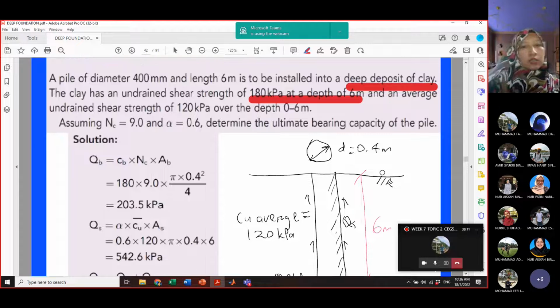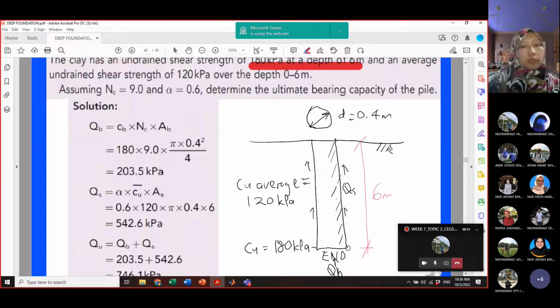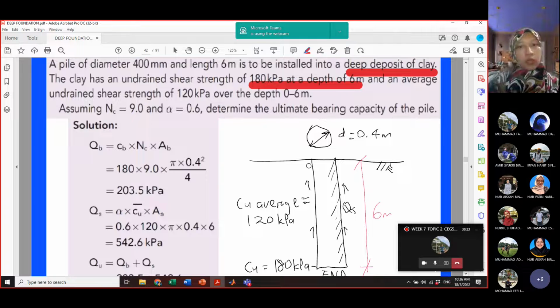Maknanya bila kita sketch, we can have that at the bottom part ataupun at the 6 meter of the clay deposits, the undrained is 180. Meanwhile, the average depth 0 to 6 meter, the Cu is 120 kPa. So please be careful while you are reading the questions and identify the parameters to be included in your formula.